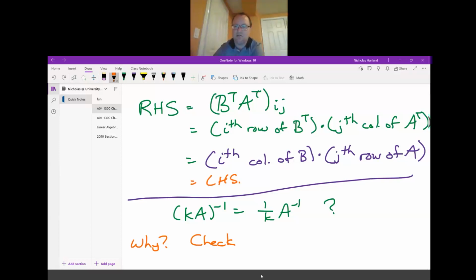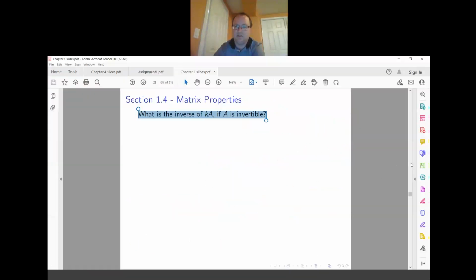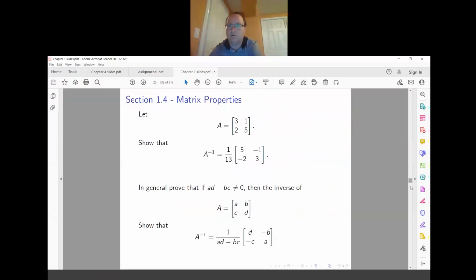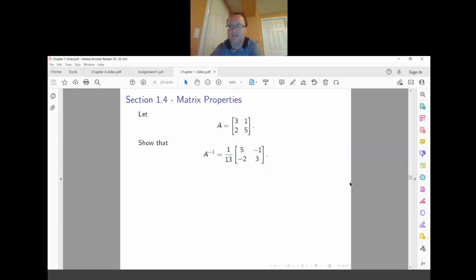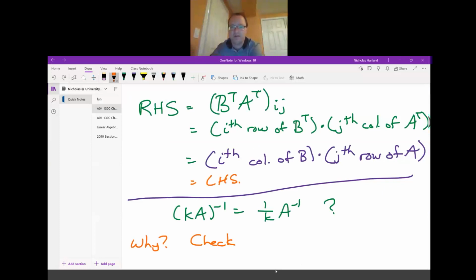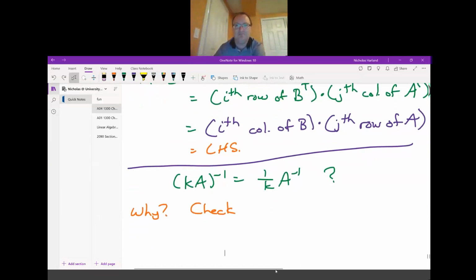Yeah. We show something's the inverse by multiplying them together and showing it's equal to what? Showing it's equal to I.